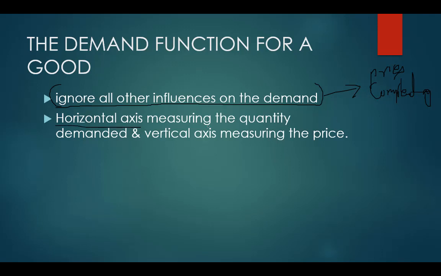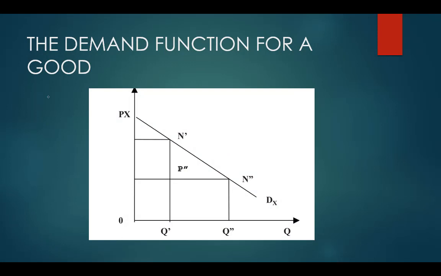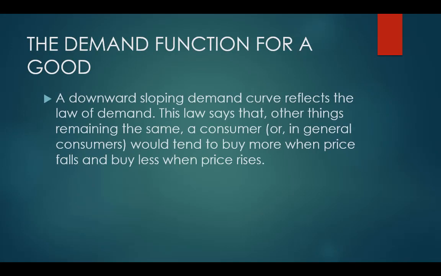The graph of the demand function on a two-dimensional Euclidean space, with horizontal axis measuring the quantity demanded, and vertical axis measuring the price, gives us the demand curve for the good. Since the normal behavior is one of an inverse relationship between quantity demanded of a good and its own price, the demand curve for a good will be downward sloping.